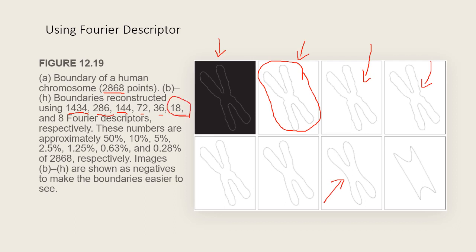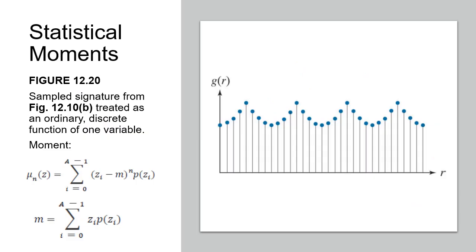So it's only 18 numbers instead of 2,868 numbers to represent the object. Well, if we represent with only 8 coefficients, the shape is quite different. And that is the Fourier descriptor, which could be used to save a lot of space to store objects using their features, and also improve the computational time.